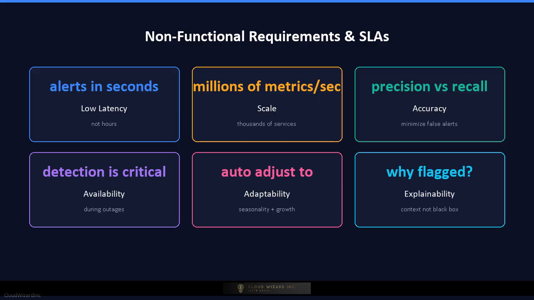It must be highly available, because the anomaly detection system itself becomes critical infrastructure during an outage. The system must also be adaptive, automatically adjusting to changing traffic patterns, seasonality, and new service rollouts. Finally, it must be explainable. Operators need to understand why a data point was flagged, not just receive a black box alert.